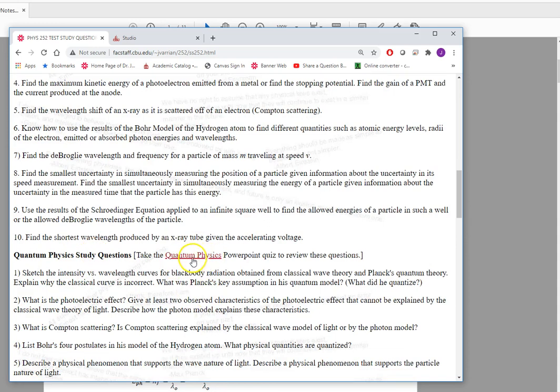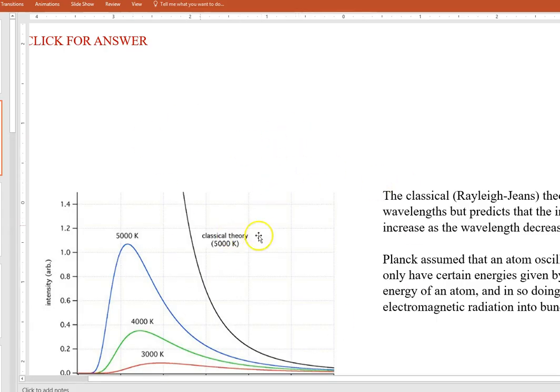But here's the link that I want to point out. If you click this, you'll get a PowerPoint presentation, which is what I'm looking at here. I've blown it up so I can see the plot. But this PowerPoint presentation will ask you those quantum physics study questions, and then the answers will appear. And if you do this in animated screen presentation mode, you can get the question without seeing the answer.